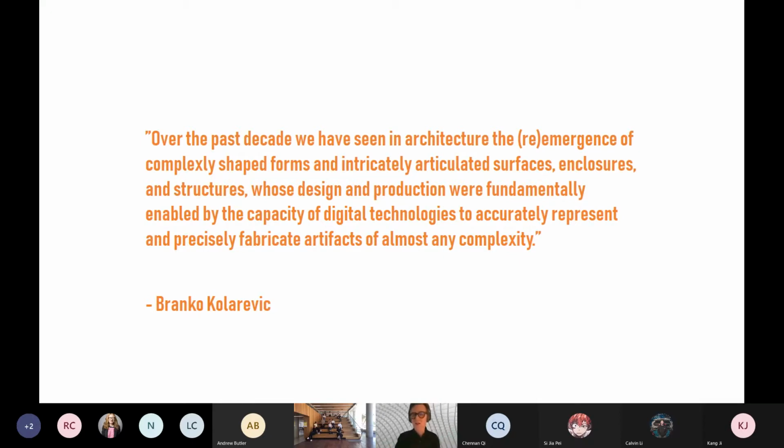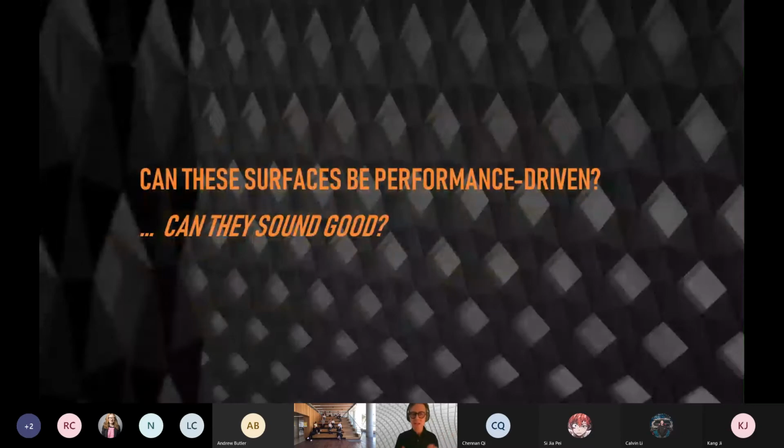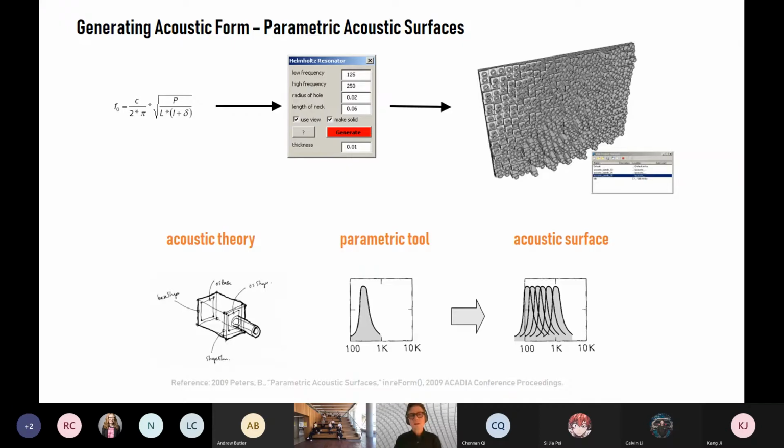And so my question, going into my PhD, was: can these surfaces be performance driven? Can they sound good? One of my first attempts to come to terms with this question was to take equations from acoustic science and create architectural generating scripts from them.